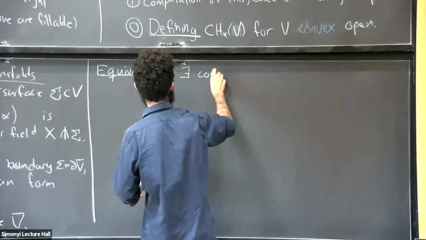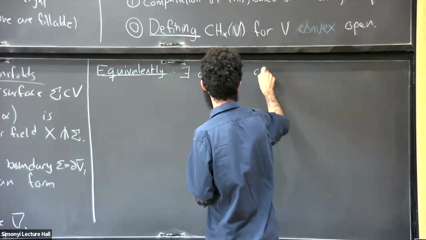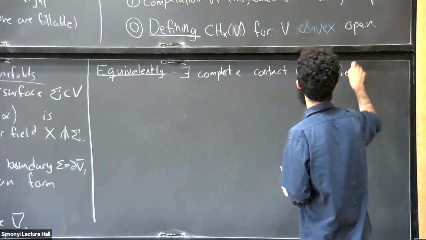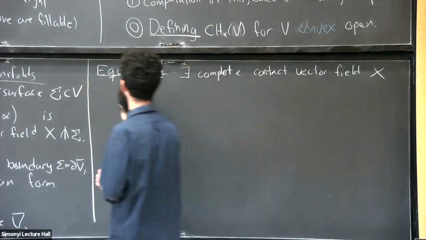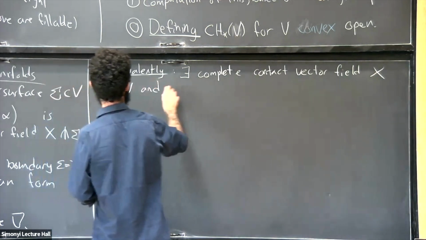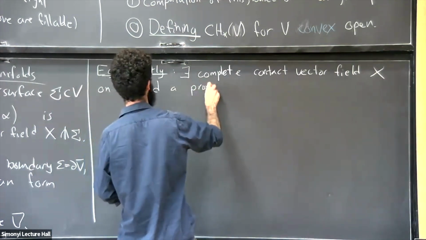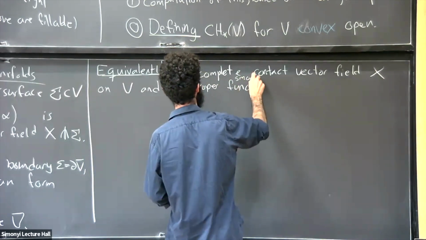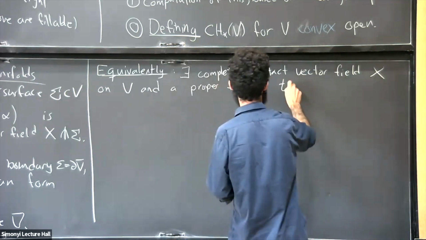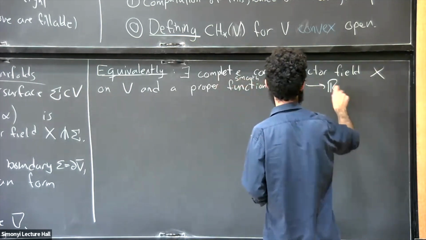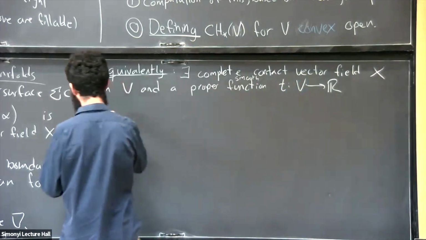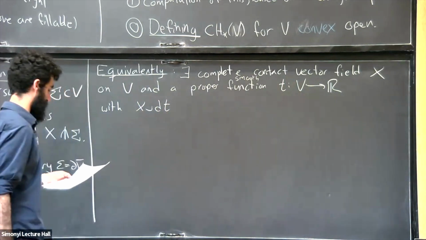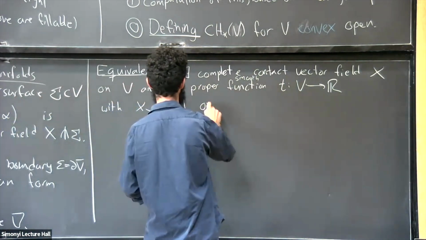Namely, there should be a complete contact vector field X on V, and a proper smooth function T to R with dT evaluated on X positive outside of a compact set.